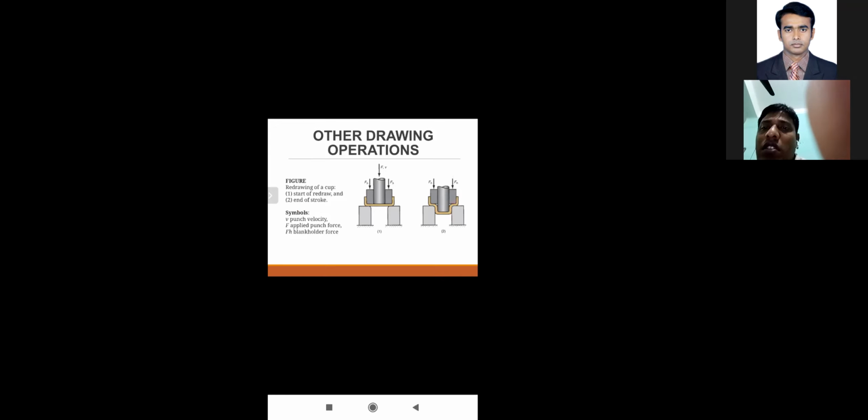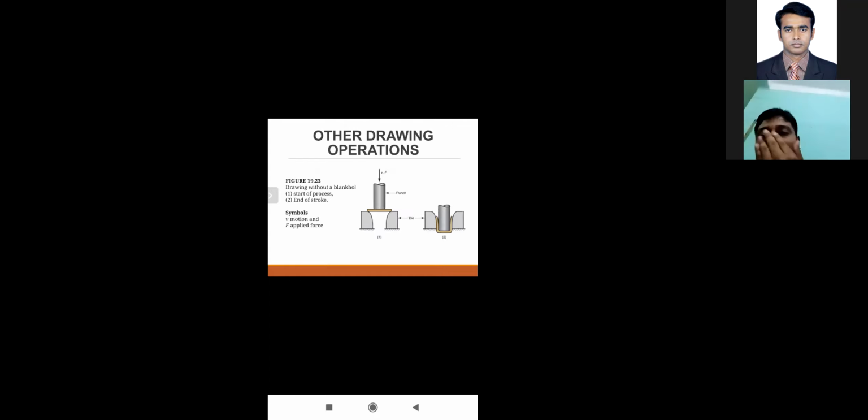There are two pictures for redrawing of a cup. Here are two pictures for reverse drawing. Other sheet metal forming operations are performed on conventional presses, with metal tooling and with flexible rubber tooling.